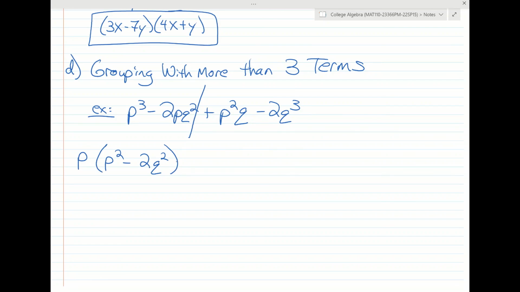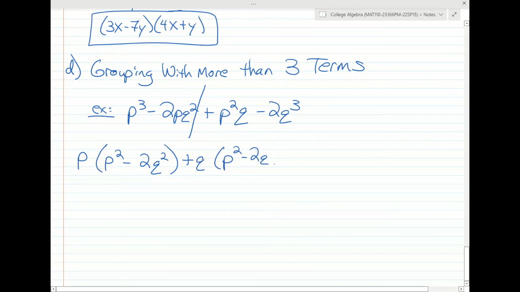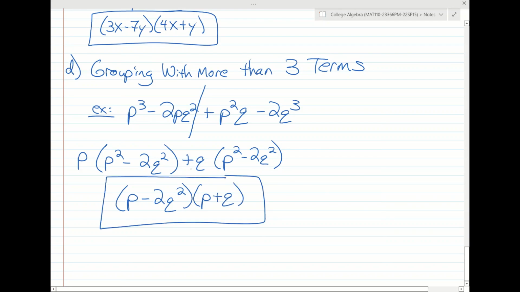The second group, it looks like we could take out a q. We're left with p squared minus 2q squared. And just following through with the steps that we have been doing, p squared minus 2q squared times p plus q. That would be our answer.